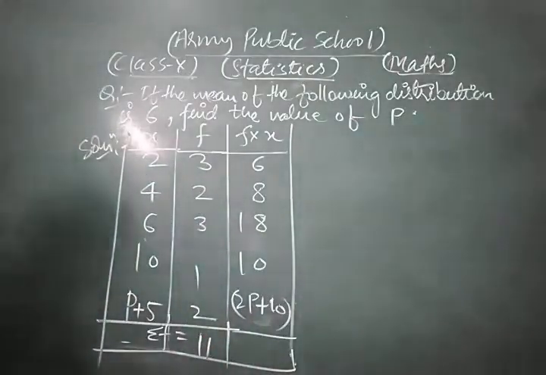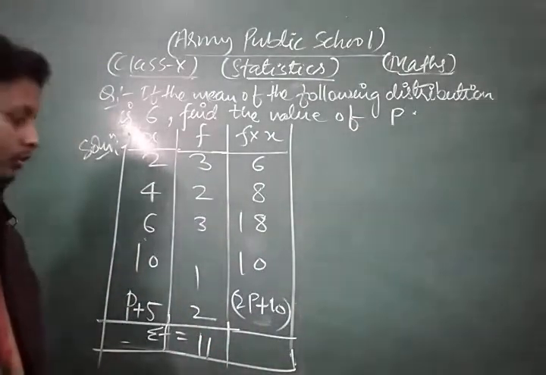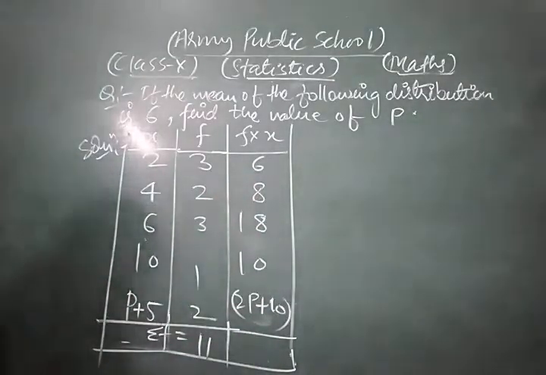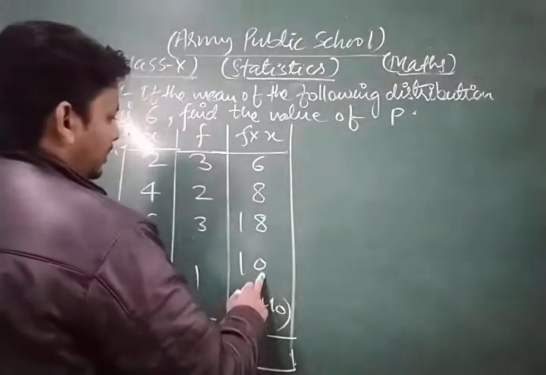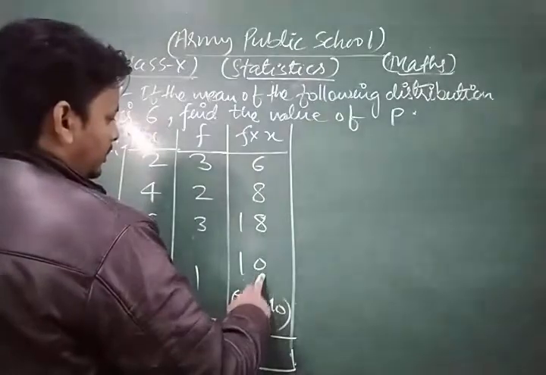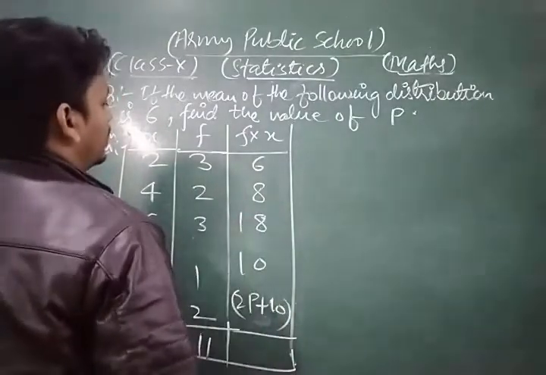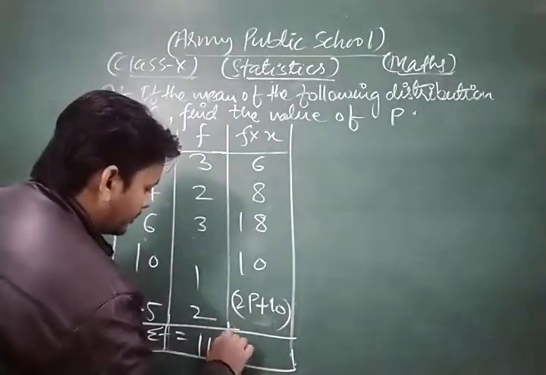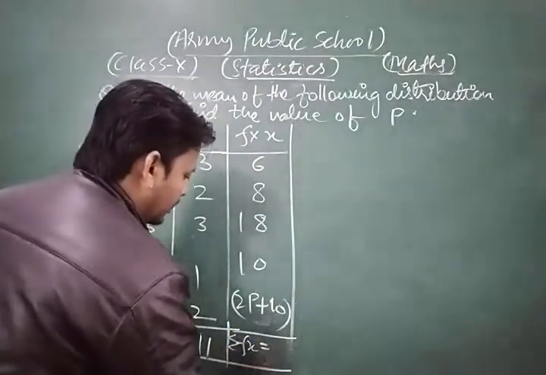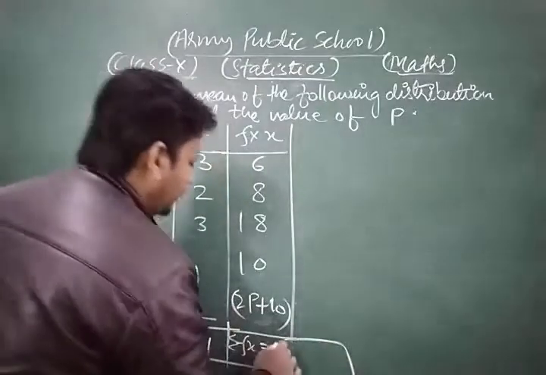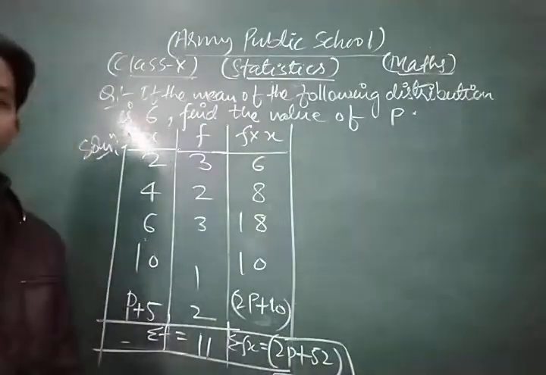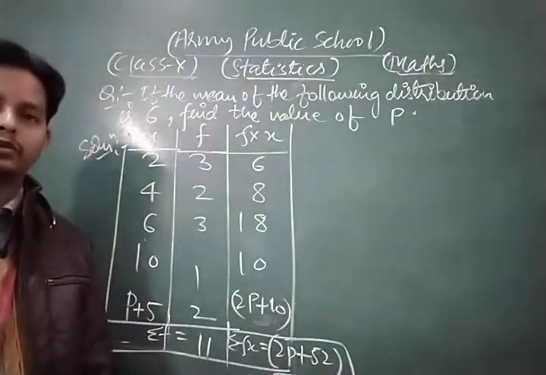Now we add the fx column also, so we get 20 plus 10 plus 2p plus 52. So sigma fx is 2p plus 52.